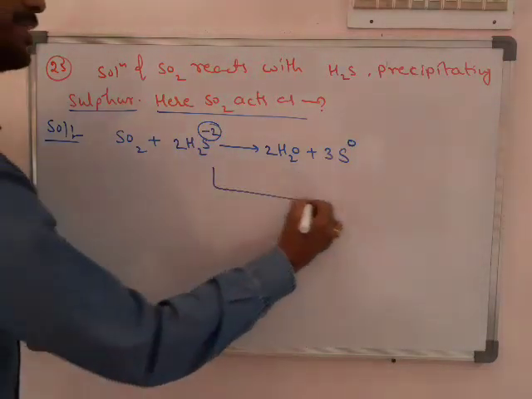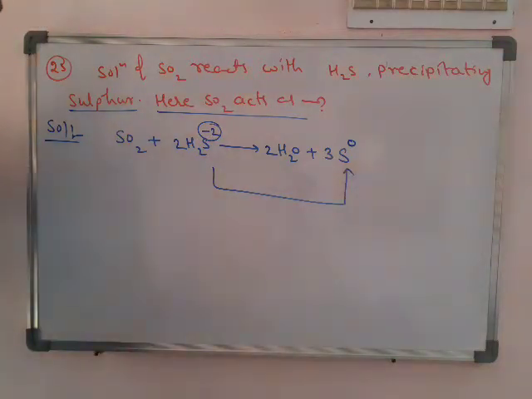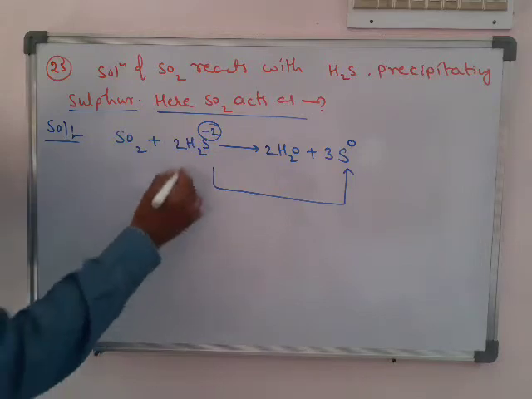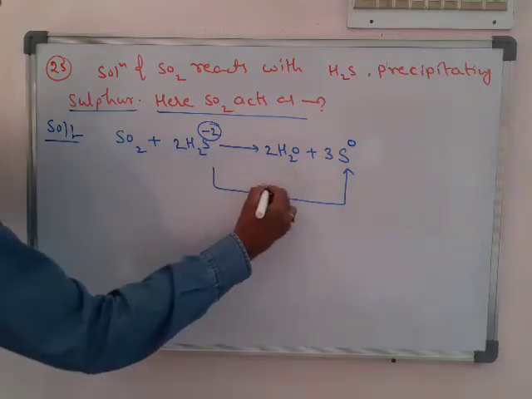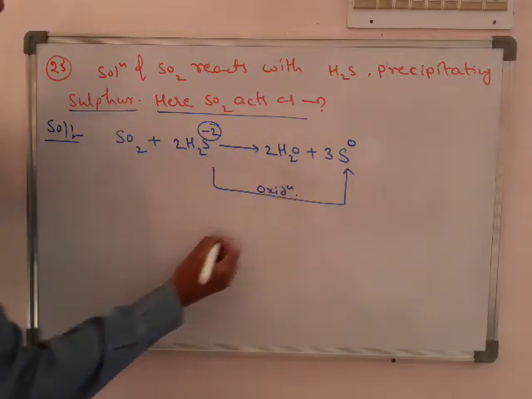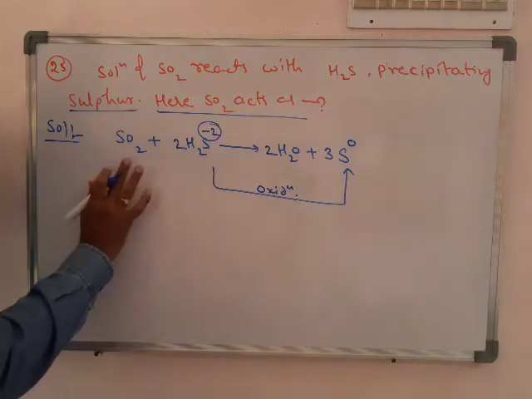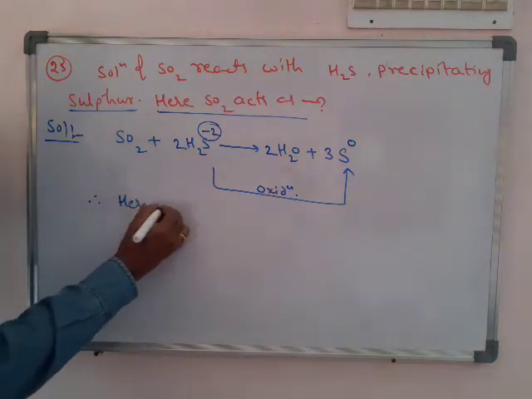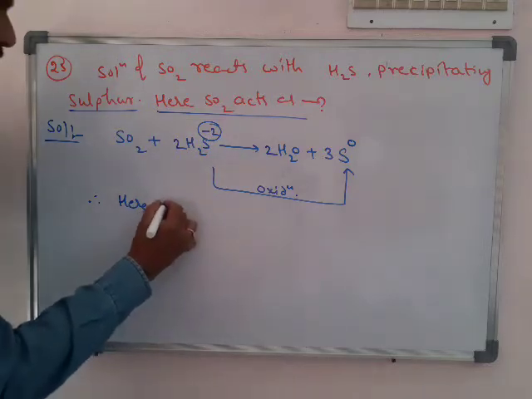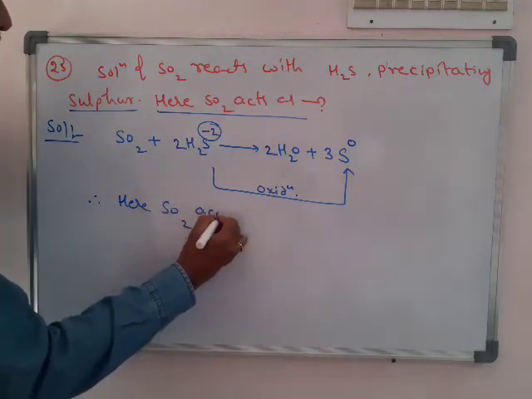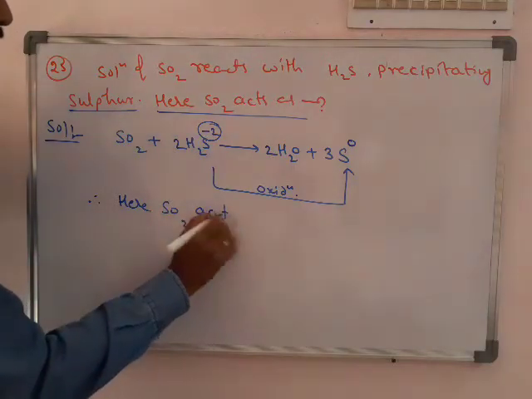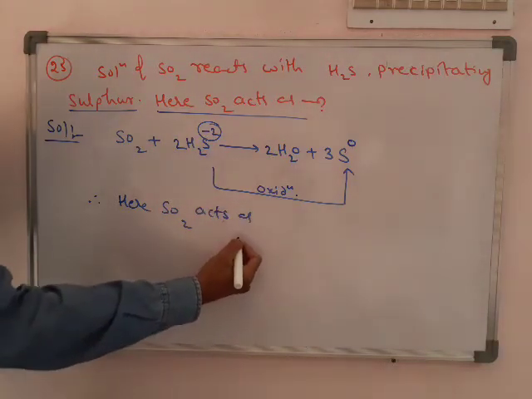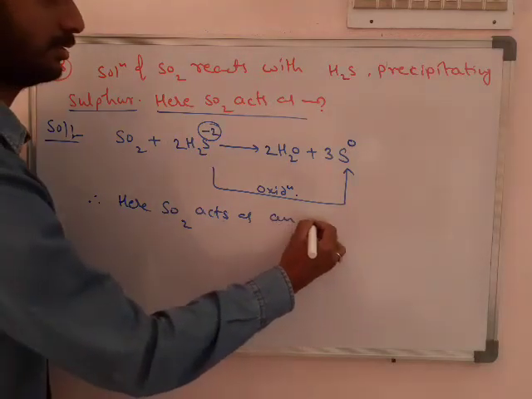So S -2 becomes 0. The sulfide becomes sulfur, which means the oxidation number increased, so it is an example of oxidation. It is done by reacting with SO2. Therefore SO2 acts as an oxidizing agent.